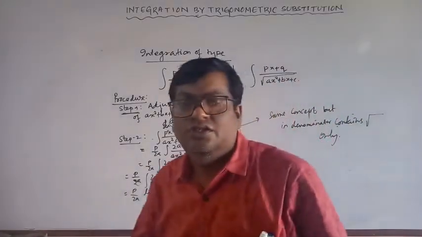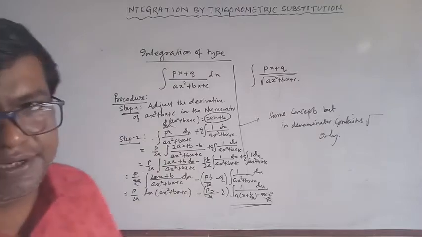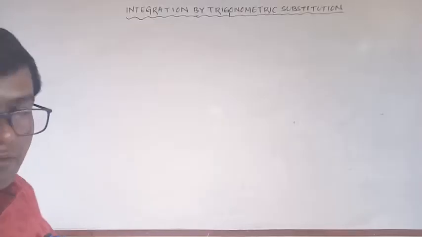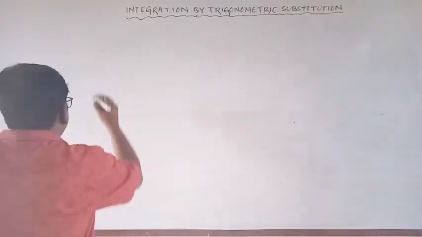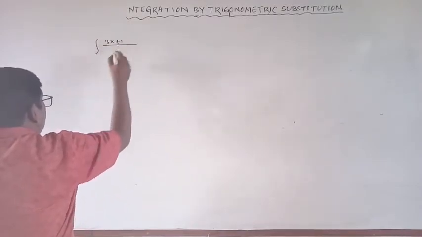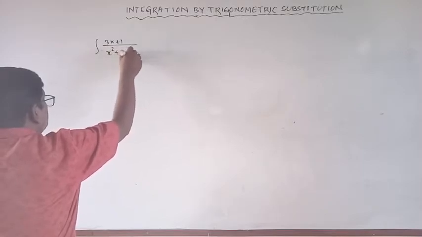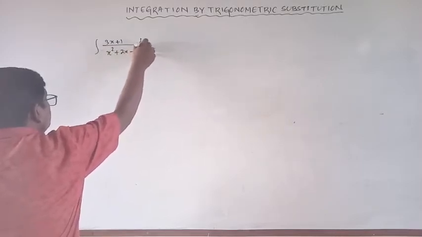Now let's discuss a problem related to this type. One question: integrate (3x + 1) divided by (x square + 2x minus 5) dx.